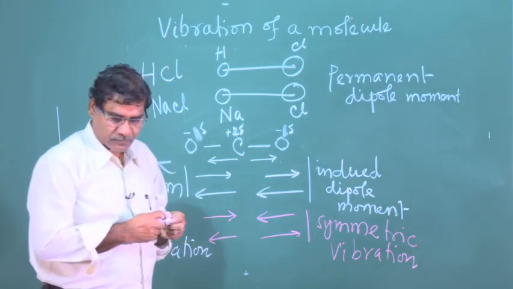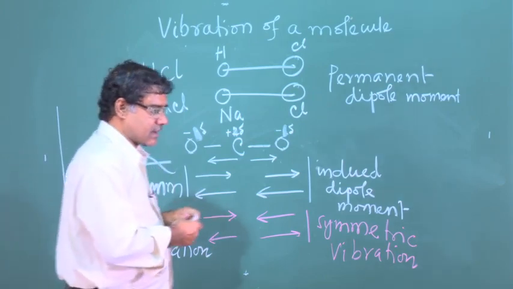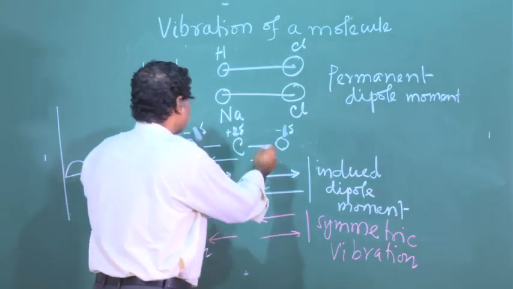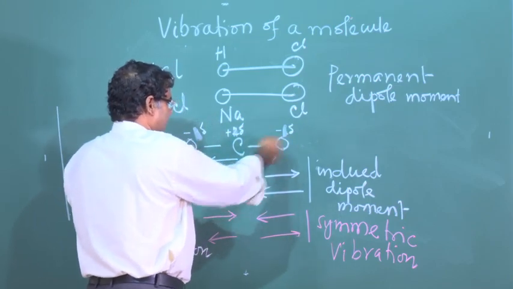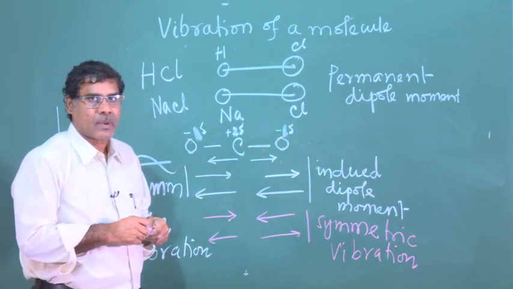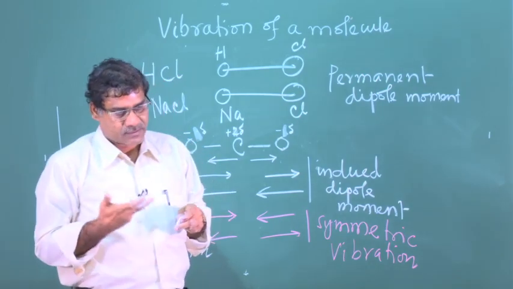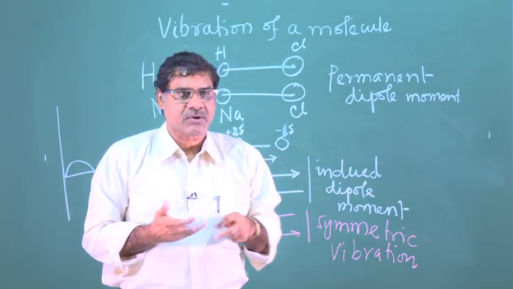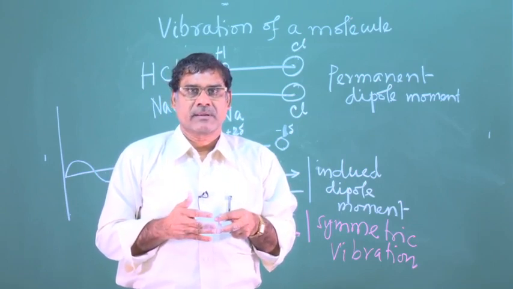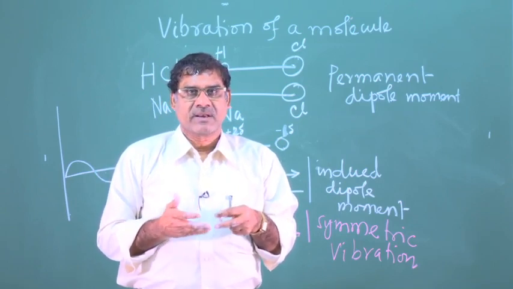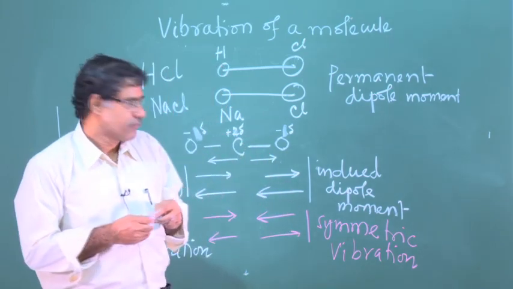So, also this vibration may not be only along the straight line. This dipole moment change, or induced dipole moment, or fluctuation of dipole moment, okay, it may happen due to bending of the molecule also. Okay.